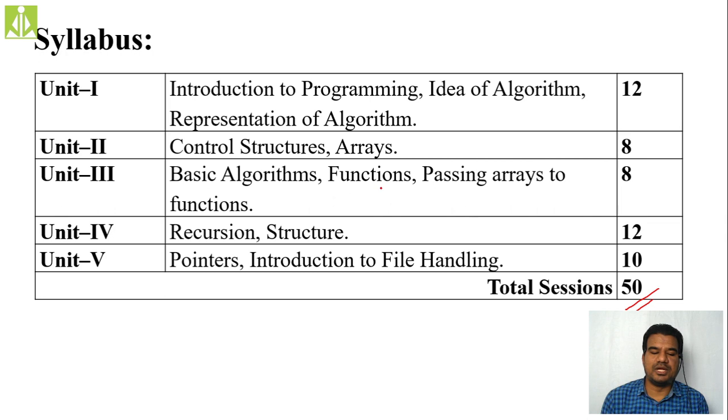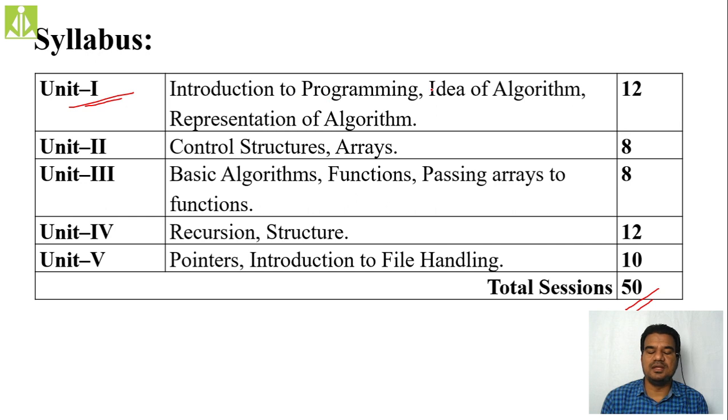So the first unit, here I have given only the titles of the units. The first unit has some sub chapters inside it: introduction to programming, idea of algorithm, and representation of algorithm.